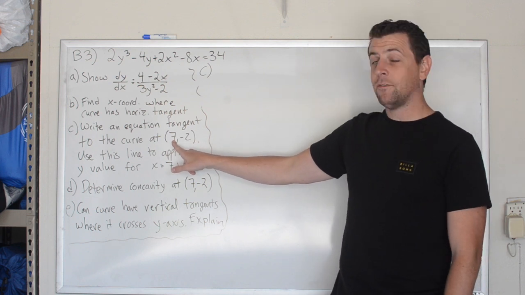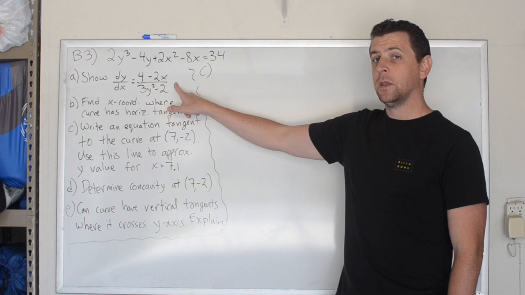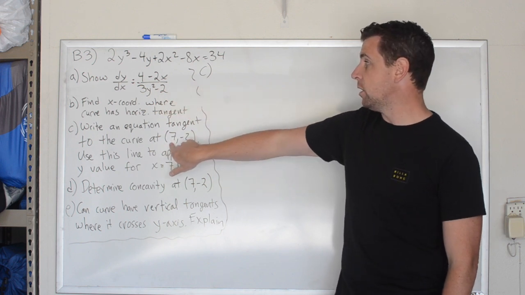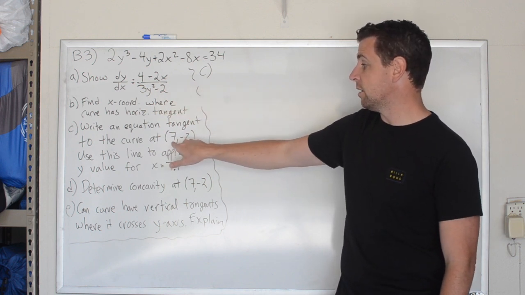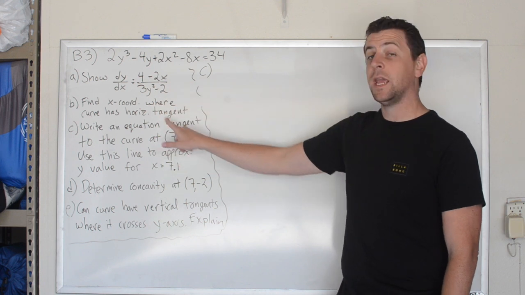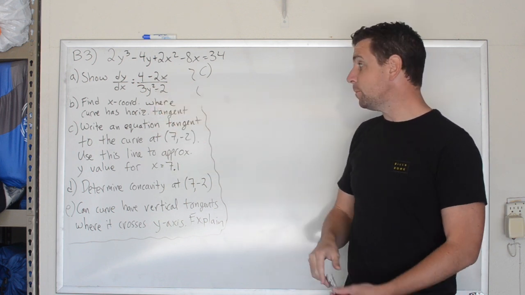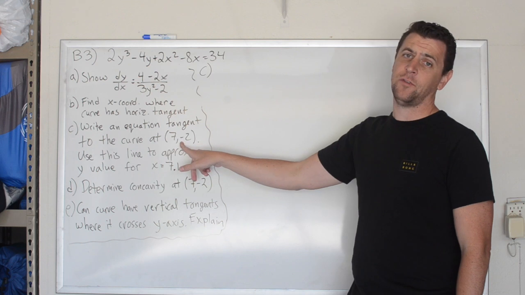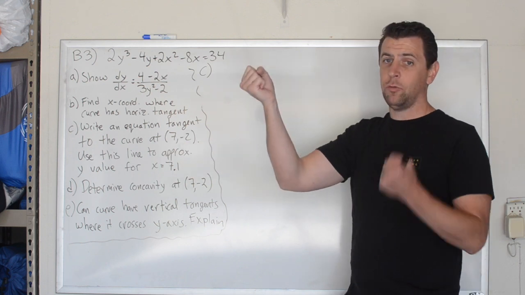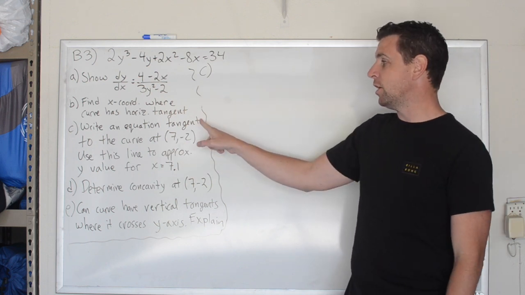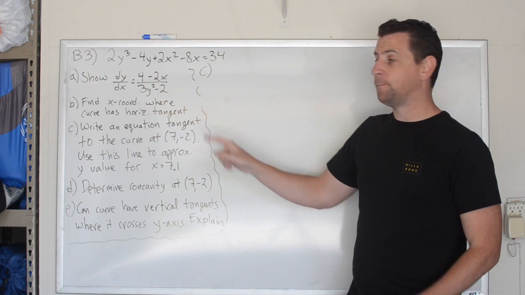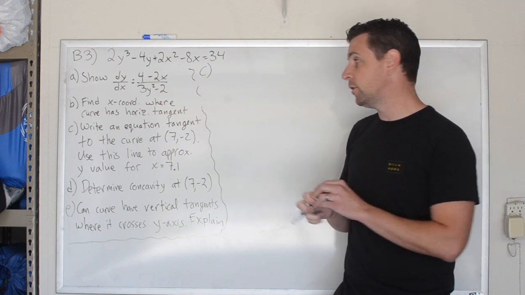They've given me the point, (7, negative 2), and now I need the slope at that point. Luckily we have the derivative, dy/dx, and so we can use this point, substituting in 7 for the x value, negative 2 for the y value, and that'll give us the slope at (7, negative 2). Once I have the slope and the point, I could write an equation for the tangent line there. So let's go ahead and do that part first.